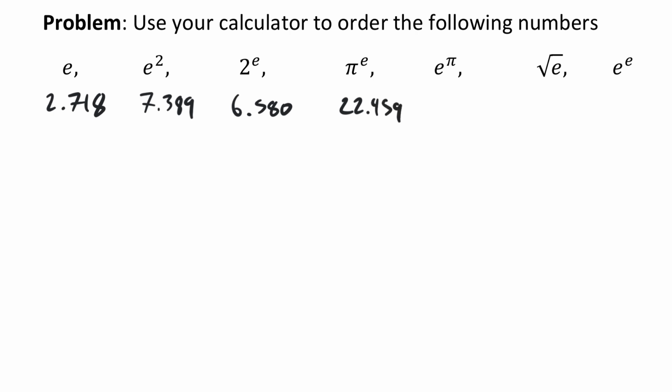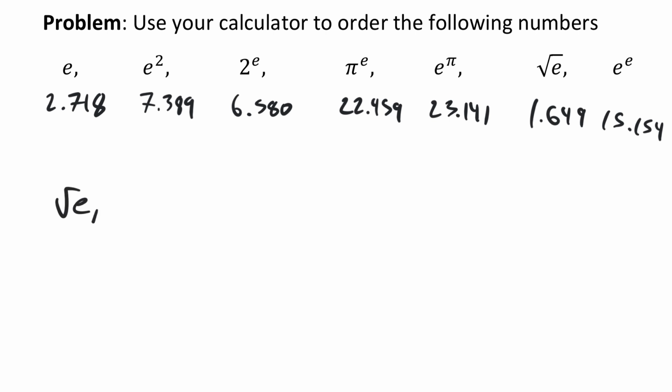E to the power of pi is 23.141. Well, it looks like that one's a little bigger. The square root of e is 1.649, and e to the power of e is 15.154. So it looks like the smallest one here is going to be root e.